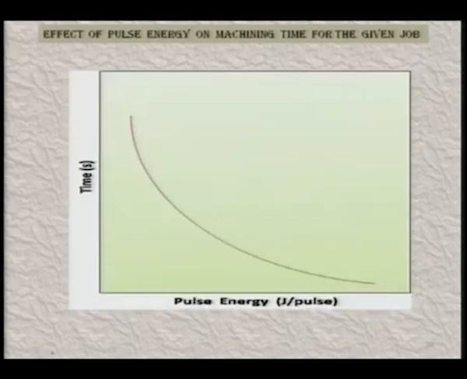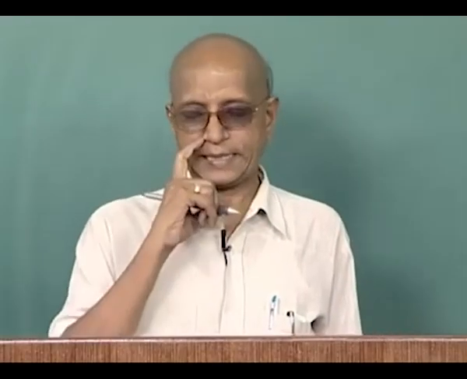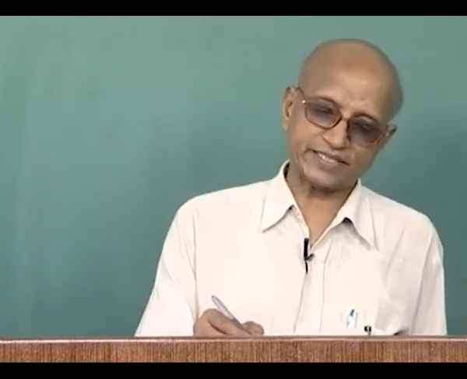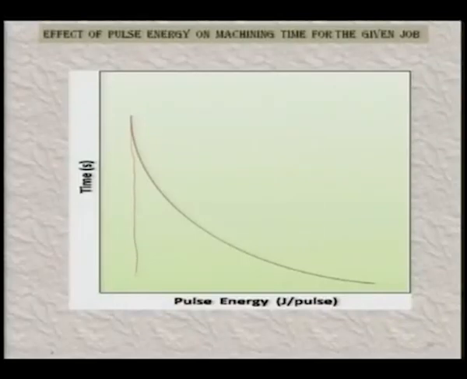Now, it shows pulse energy versus time. If you take a workpiece of a certain thickness and certain requirements, if you have very high pulse energy, then the time taken for making that particular feature is low, but as the pulse energy decreases, the time taken keeps on increasing, and it becomes more or less asymptotic after a certain pulse energy that you can see over here.